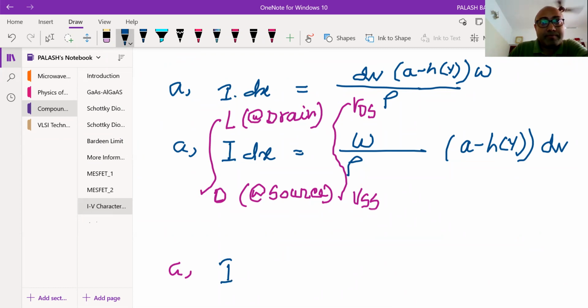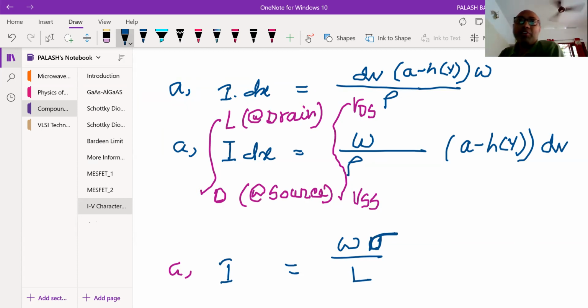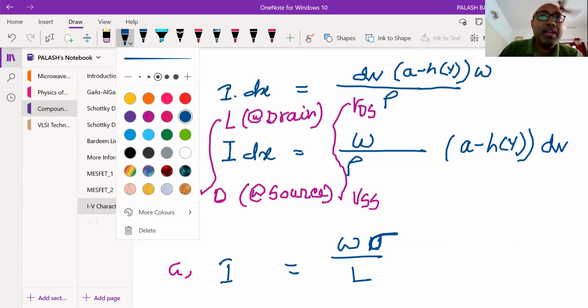So I, W, L. This is resistivity, so I can write conductivity if you wish. Okay. Now you see there's a problem. What are we facing?